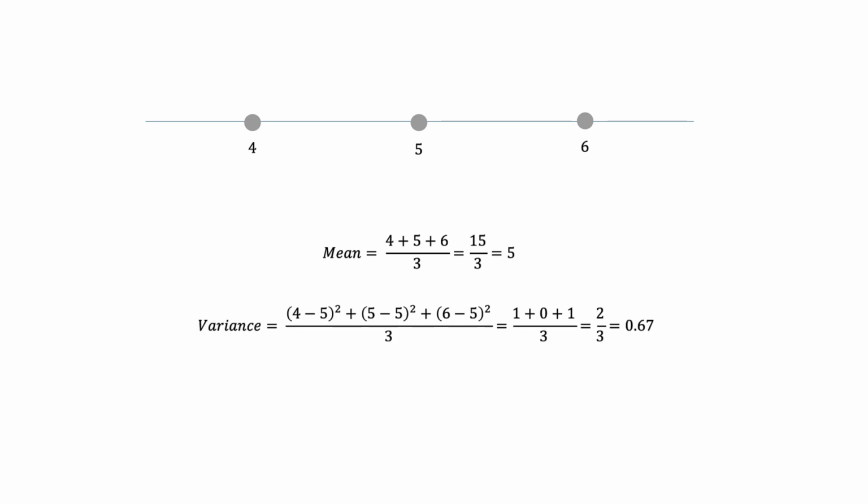And if I were to compute this variance, I would get a value of 0.67. And then if I take the square root of that, I would get the standard deviation, which is 0.81. And so we know this basic information here.